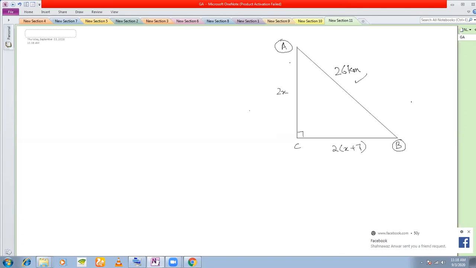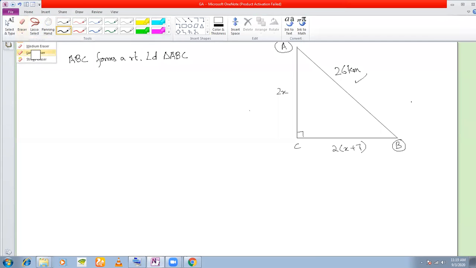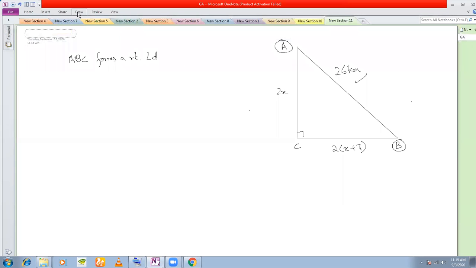So see here, this forms a right angle triangle ABC. You'll write this way, ABC forms a right angle triangle where angle C is equal to 90 degrees and AB is the hypotenuse.